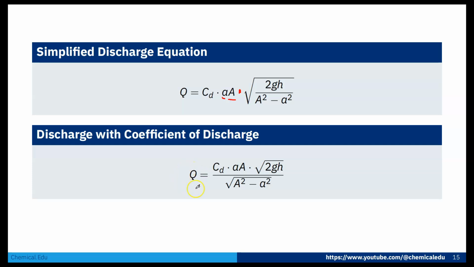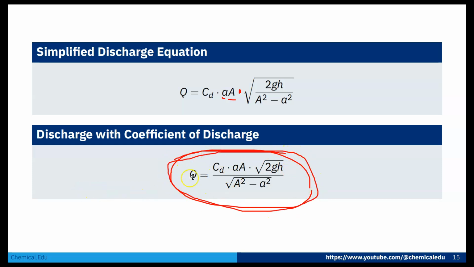So ultimately Q is nothing but CD into a into A root 2gh by root over of A square minus a square. So this is the discharge with coefficient of discharge. So this is the discharge through the orifice meter. If we use this formula, we can easily calculate what will be the discharge.